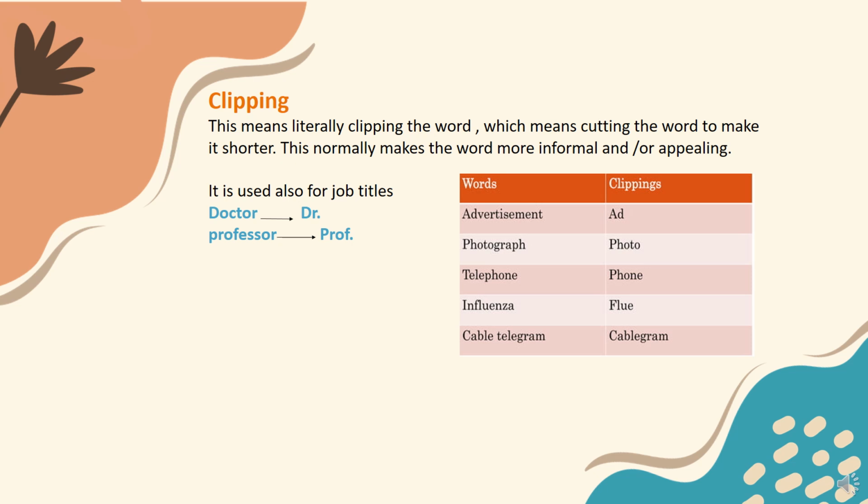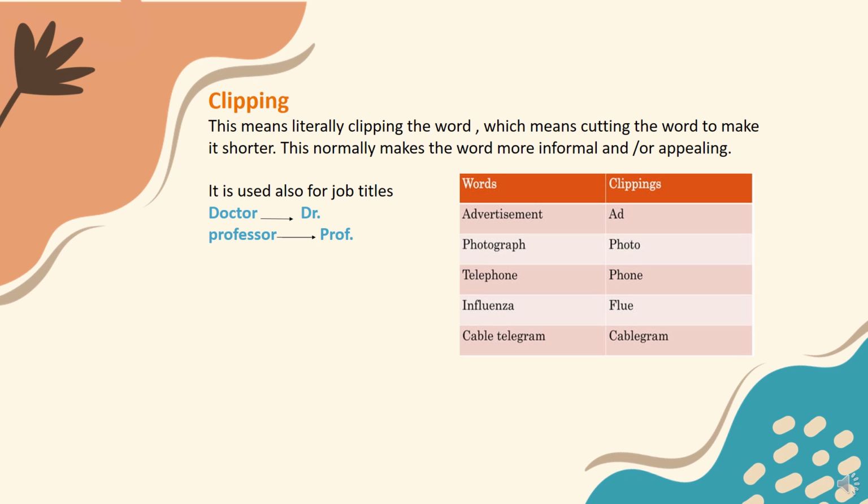Clipping means literally clipping the word, which means cutting the word to make it shorter. This normally makes the word more informal and or appealing. Clipping comes from the word clip, or cut the word to become shorter. It is used as a kind of abbreviation. It is used also for job titles.